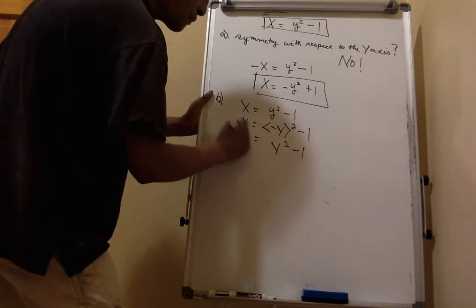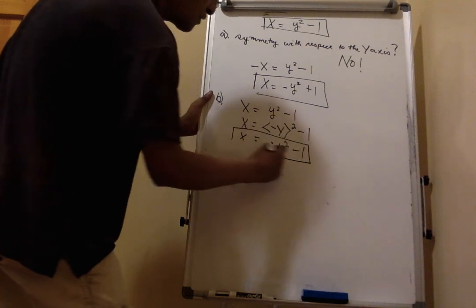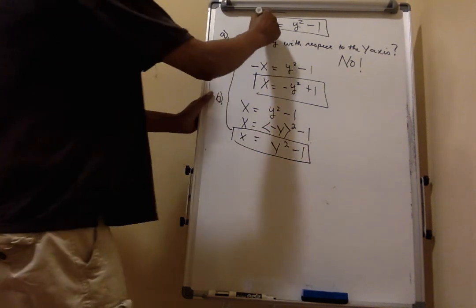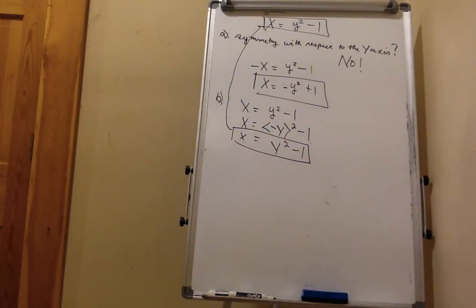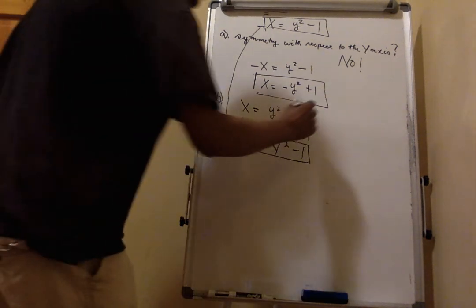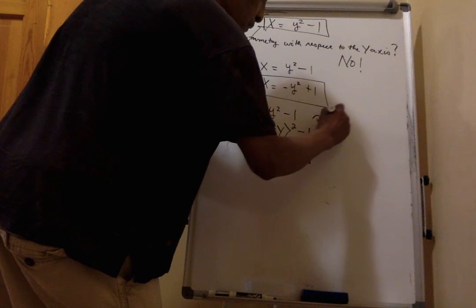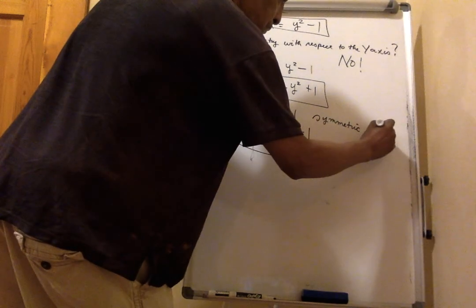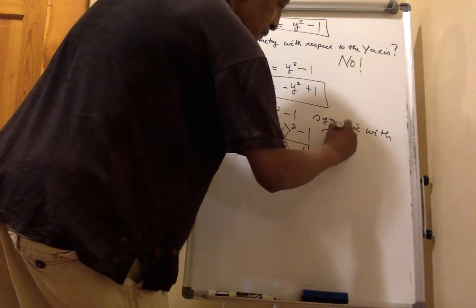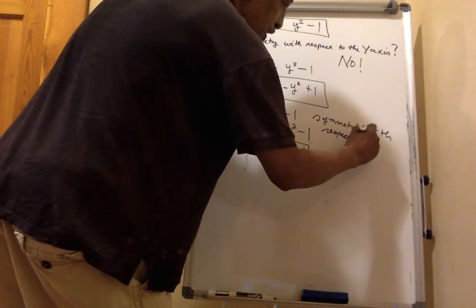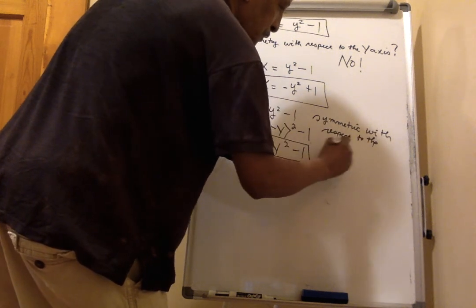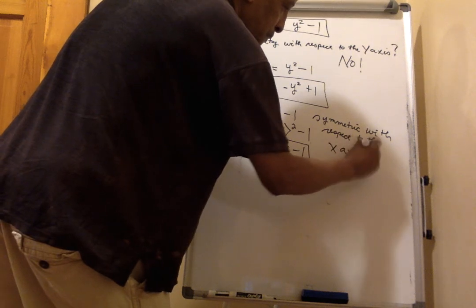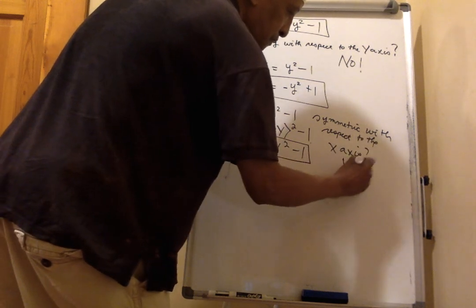So minus 1. We got the same equation of x is equal to y squared minus 1. Therefore, what we can conclude is it is symmetric with respect to the x-axis. Yes, it is symmetric.